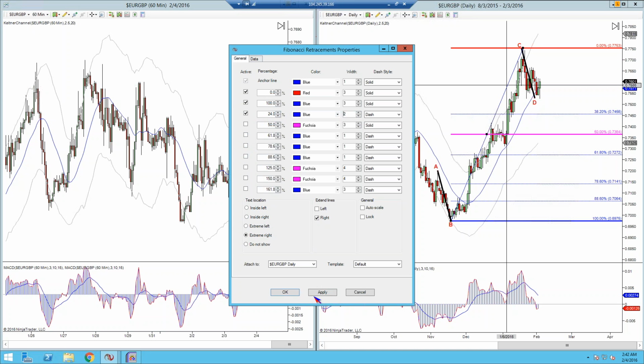So I'll make that a 2, and I apply this. A little bit high. I throw the 38% in there. I'm going to put this down at a 1, so it's not so important on the screen, but it's there.